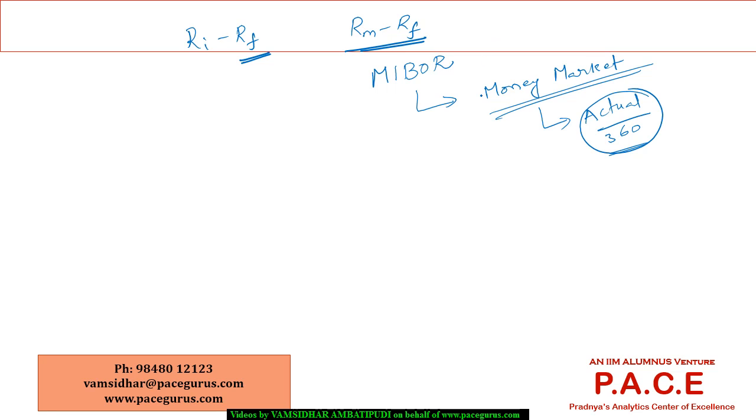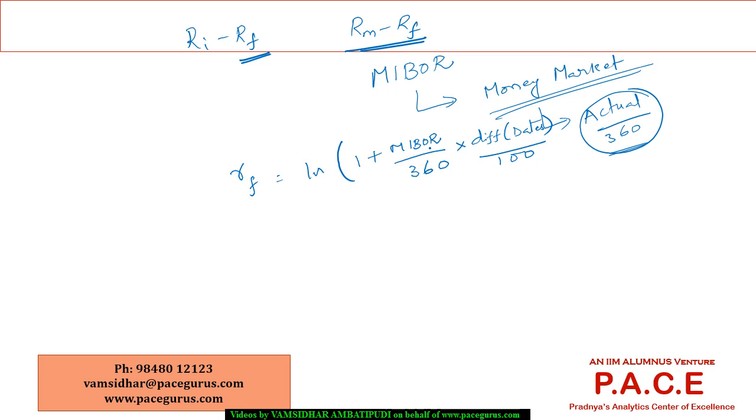Because of this, if I have to compute my RF, I'll take the logarithm of 1 plus whatever MIBOR I have, divided by 360, and I take the difference in the number of days, the difference between the two dates, and I divide it by 100.